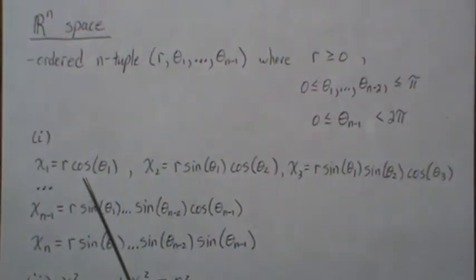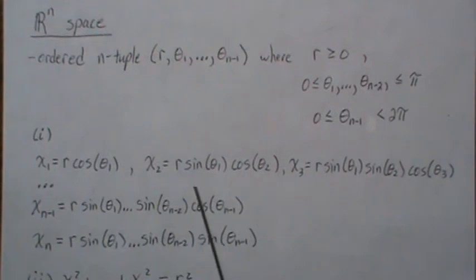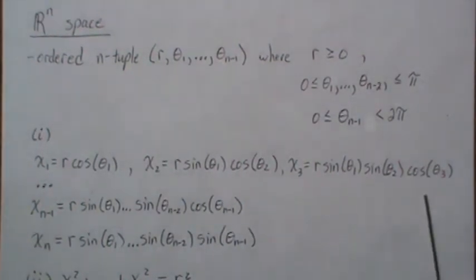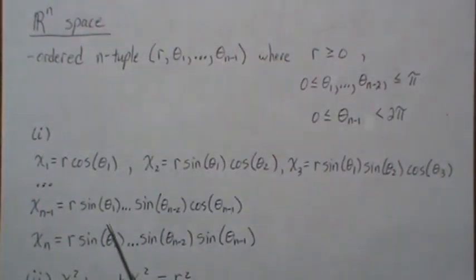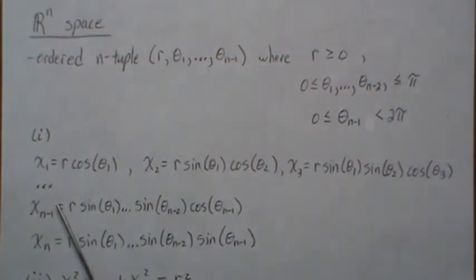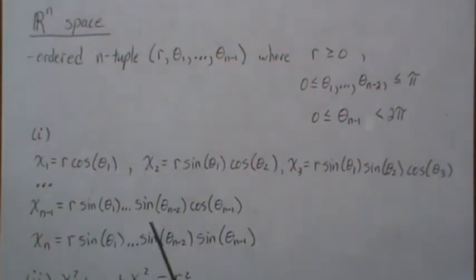X1 is this, X2 is this, X3 is this, so X4 is this. So really it's r, and then it's sine, and the last one's a cosine, right? And Xn is the same except for it's a sine. And this is the same relationship we got in X2, 3, and 4.